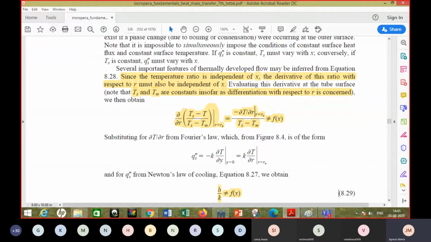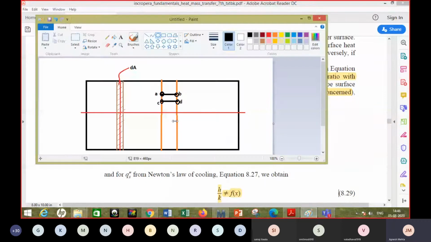So d by dr of (Ts minus T) upon (Ts minus Tm) at r equal to Ro can be written as minus dT by dr at r equal to Ro upon Ts minus Tm, right? Because this (Ts minus T) upon (Ts minus Tm) is not a function of x, its derivative with respect to r is also not a function of x, right?